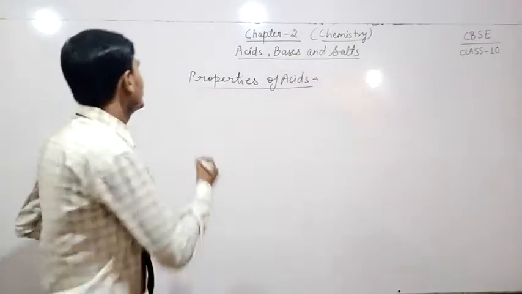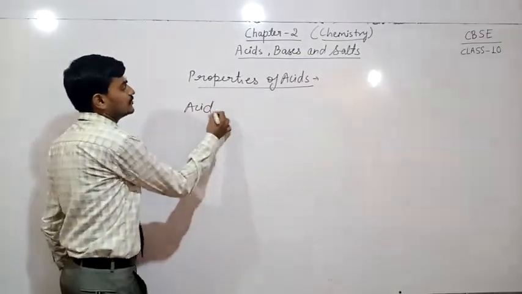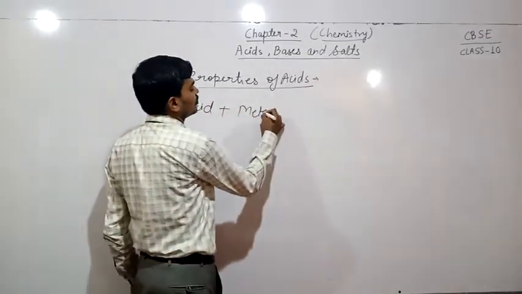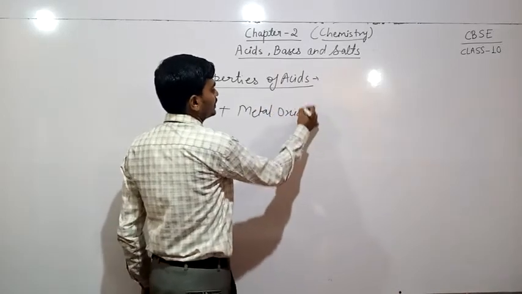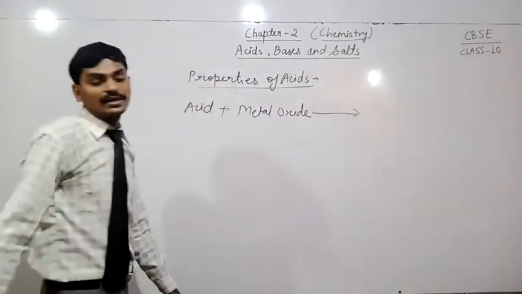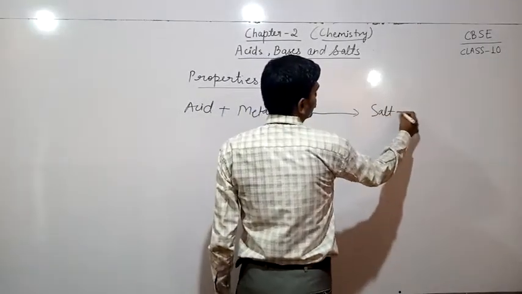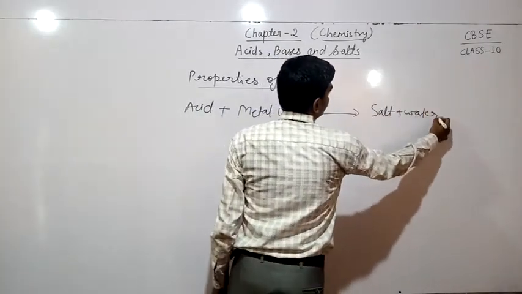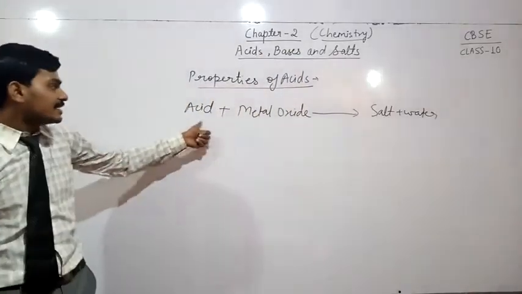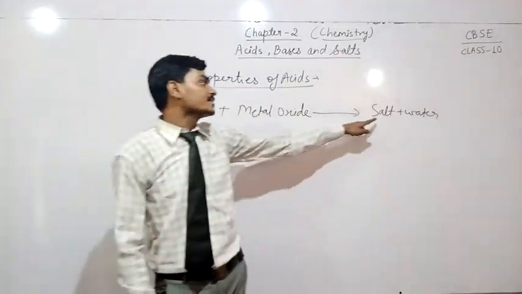Now come to the next property. If any acid reacts with metal oxide, then it also forms salt and water.